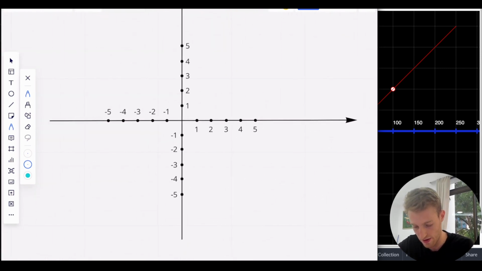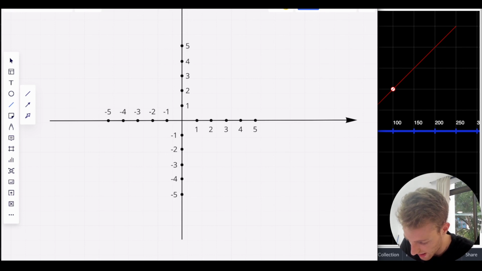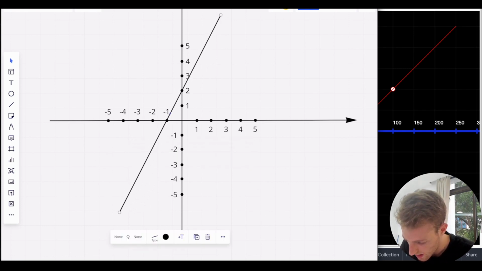If we have this line over here, let's draw another line once again. So we can go from -1 to 2, and we can keep going onwards, and I can extend this line a little bit more. Okay?